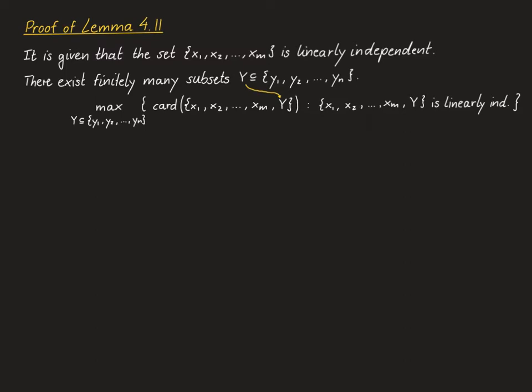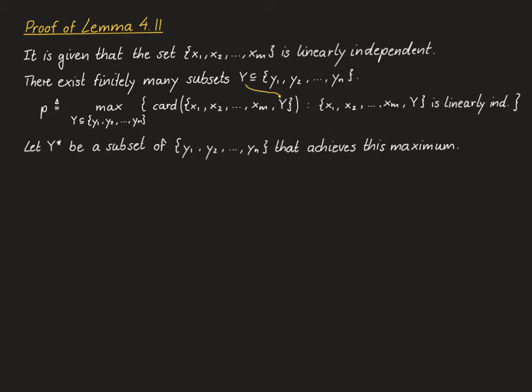We call the result of this maximization p, and a subset y that achieves this maximum, we call y star. Without any loss of generality, we may assume that the set y star consists of the first p elements of the set of vectors y1 through yn, and that's because we could always reorder the vectors in that set.